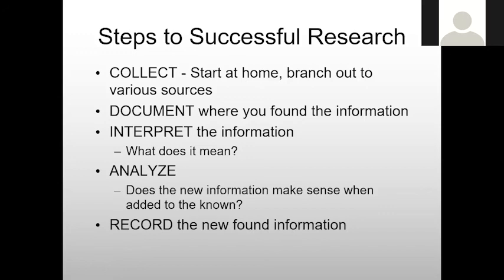What does it mean when you find something? For example, if you're looking at census records and you find that your relative lived in Maryland in the mid 1800s, but then in the next census you find them living in Illinois, is it the correct family? And why did they move? Did the land play out? Were they farmers?